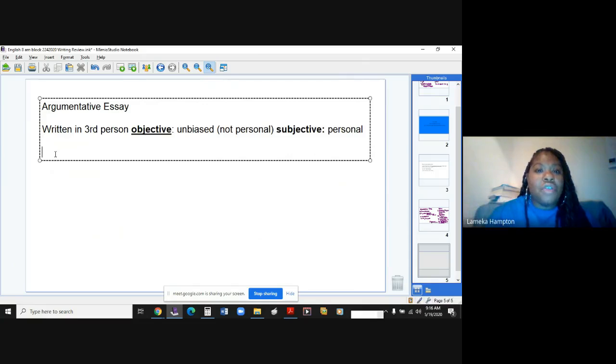And because we are the narrators of that particular story that we are speaking of, we tend to use those words. I, me, my, we, mine, our, we tend to use those types of words. However, when you are writing in third person, you cannot use first person words. You have to write from a third person perspective.